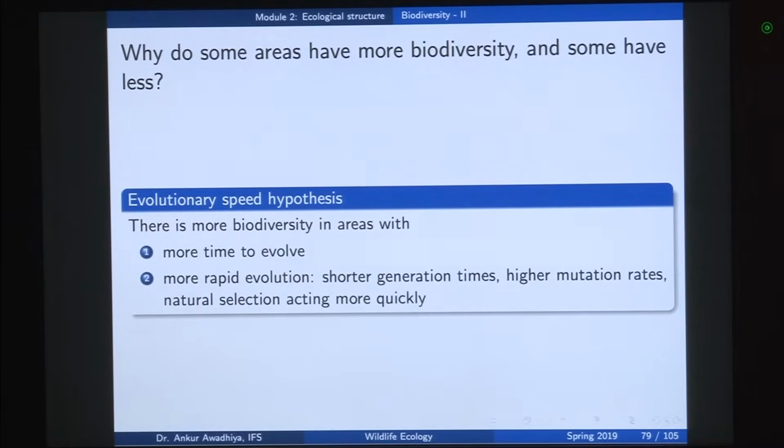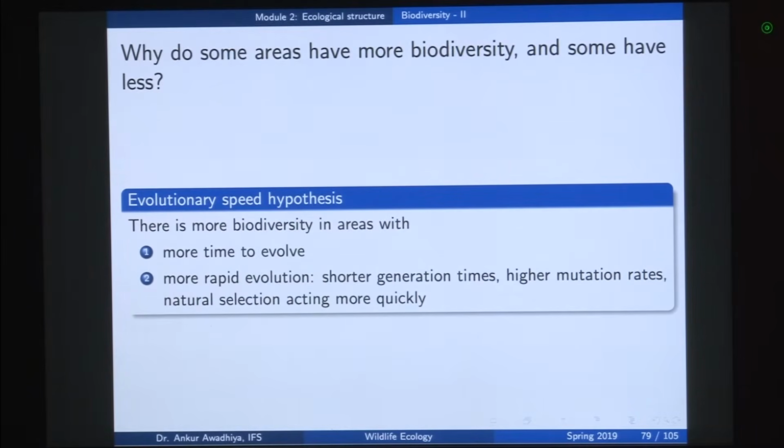So, essentially there is more biodiversity in areas with more time to evolve. So, basically areas that are older would have more species, and two, more rapid evolution. So, if there are areas that have shorter generation times or higher mutation rates or natural selection that is acting more quickly, then those areas would have a greater amount of biodiversity.